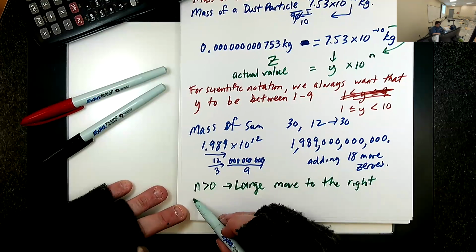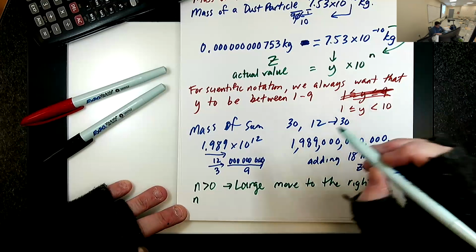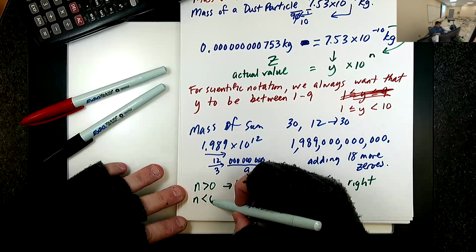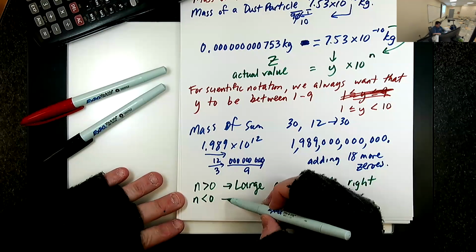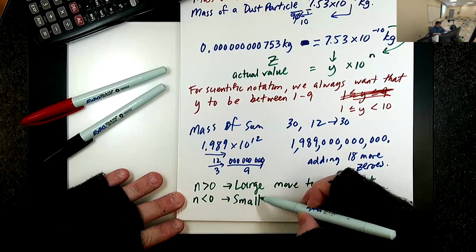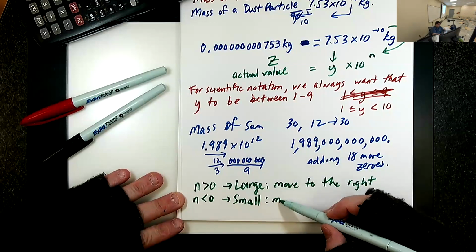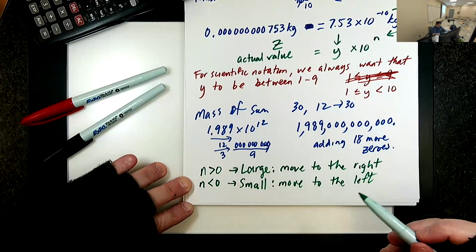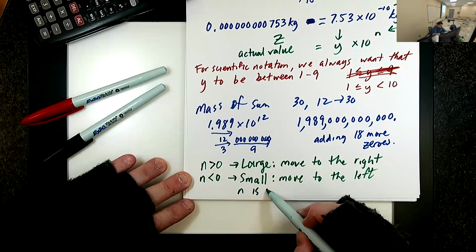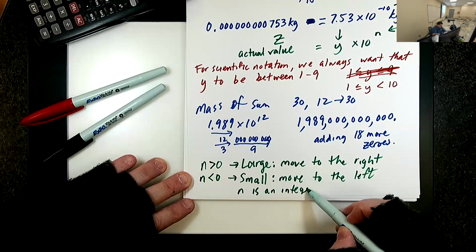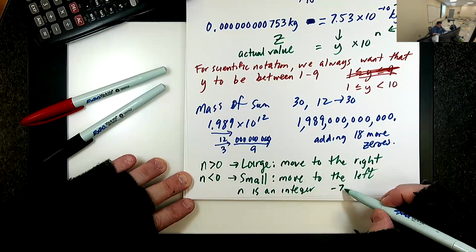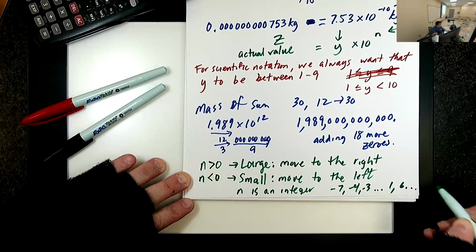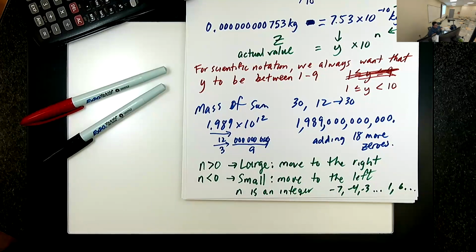And when n is less than 0, these are for really small values, like the dust. And for those, we move the decimal to the left. N here is an integer. An integer is like -7, -4, -3, 1, 6, any number without a decimal with it. That's an integer.